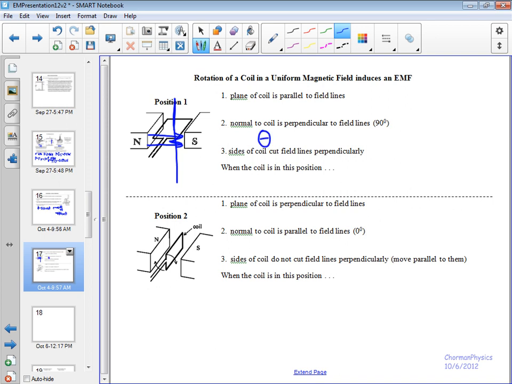What this means is that theta is equal to 90 degrees, and that makes phi a minimum, or 0. So in this position, based on the previous slide where I talked about the EMF being the derivative of flux, also times the number of coils, we end up with the EMF and the current at a maximum.